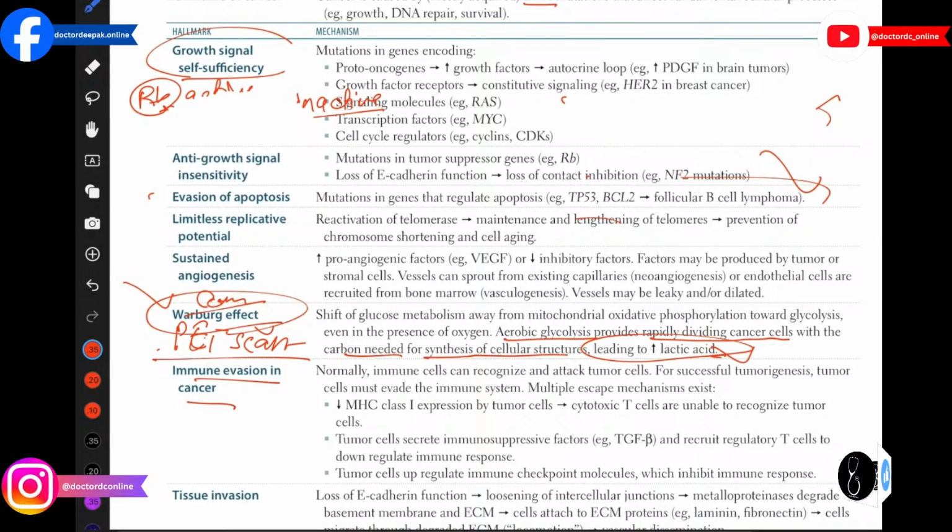Next is immune evasion in cancers. Immune cells also detect cancers and destroy them. It is not that cancers are independent, but the immune cells have the capability to destroy cancer cells, so cancers have to do something for their survival. We also do many things for our survival.